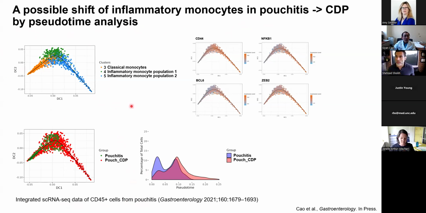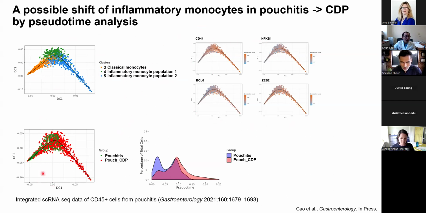In the upper left panel, we show the three monocyte populations from this study: cluster 3, which is a classical monocyte population, and clusters 4 and 5, which are both inflammatory monocyte populations. The pseudo-time analysis suggests the progression of cluster 3 to 4 and to 5 based on the expression of genes involved in monocyte activation, including CD44 and NF-kappa B1.